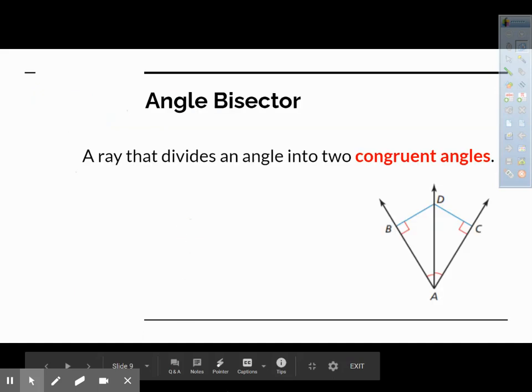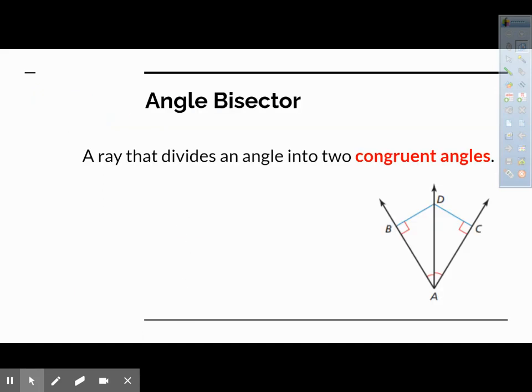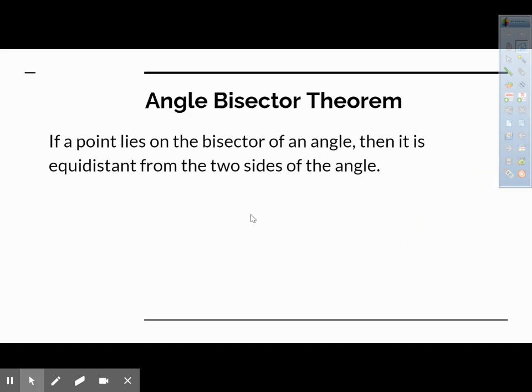Okay, angle bisector. Remember, an angle bisector cuts it into two congruent angles. So an angle bisector is a ray that divides an angle into two congruent angles. And what the angle bisector theorem says, if a point lies on the angle bisector of an angle, then it is equidistant from the two sides of the angle.